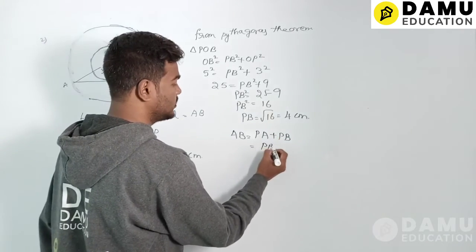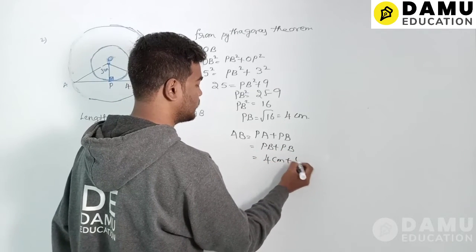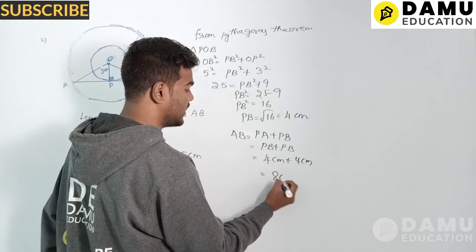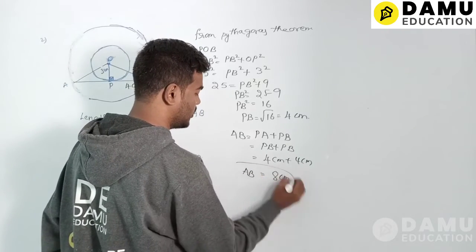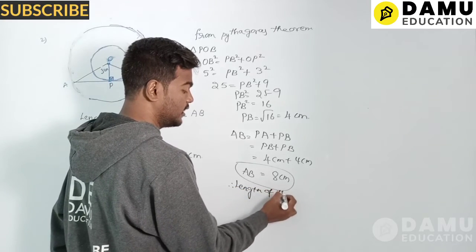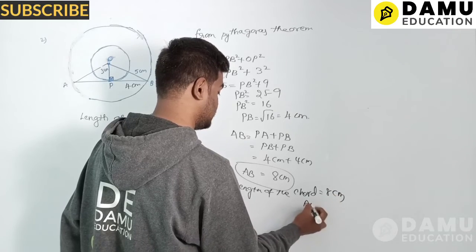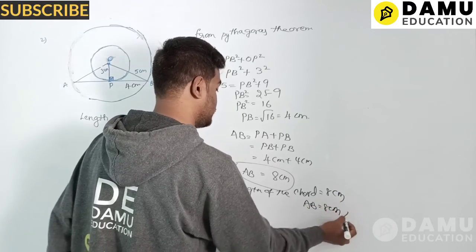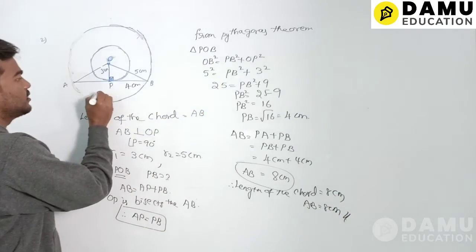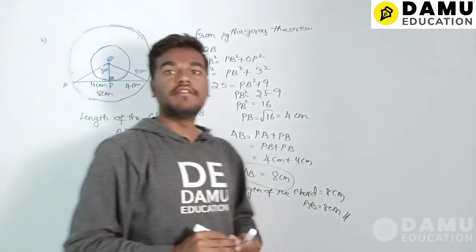So PB plus PB is equal to 4 cm plus 4 cm, and we get 8 cm. That is the length of the chord. Therefore the length of the chord is equal to 8 cm, that is AB is equal to 8 cm. So the total is 8 cm, with 4 cm on each side. So this is the way to do the calculations.